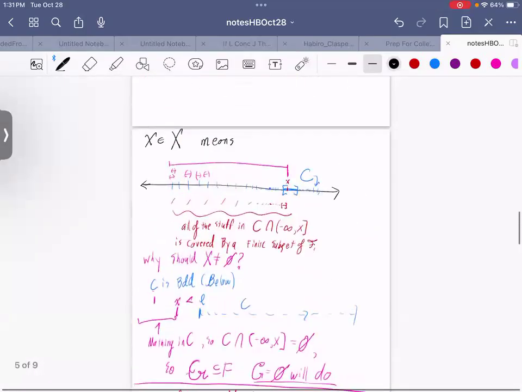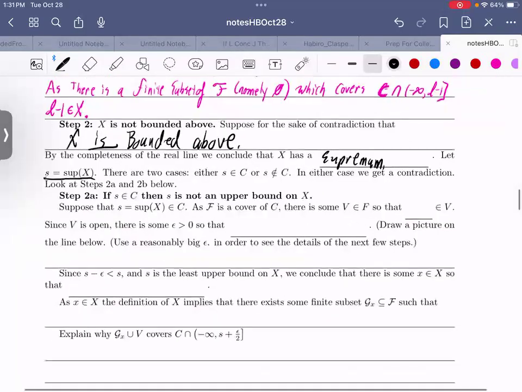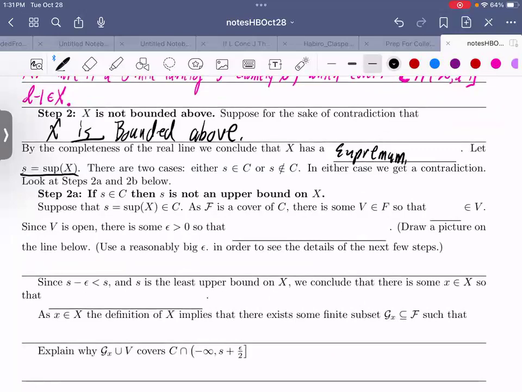And in fact, what I might encourage you to do is this. Pause the video, try to figure out what's going to happen in steps 2A and 2B, and then come back. Cool, you did that. Let's see if I agree. All right. So step 2A, let's suppose that S is in C and get a contradiction. In fact, here's the contradiction that I'm going to get.